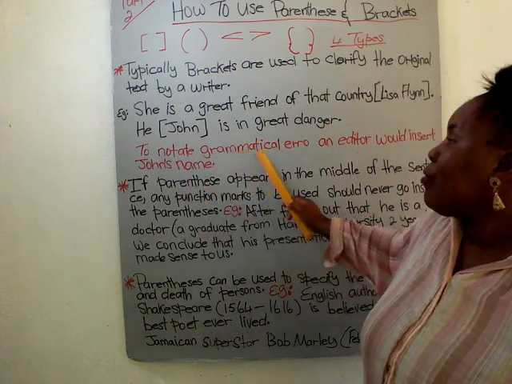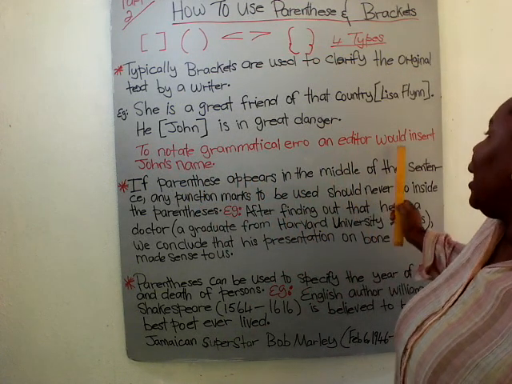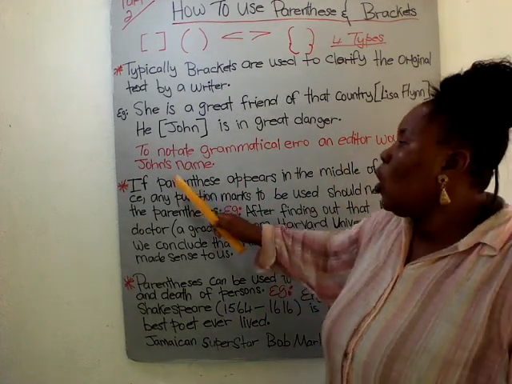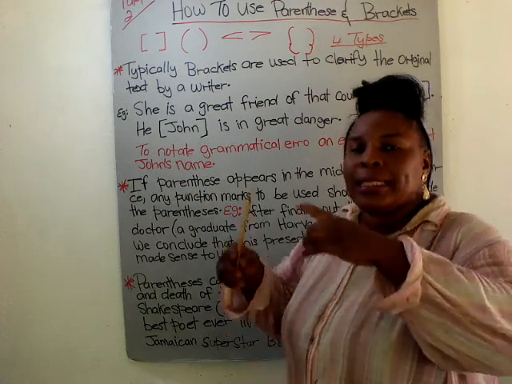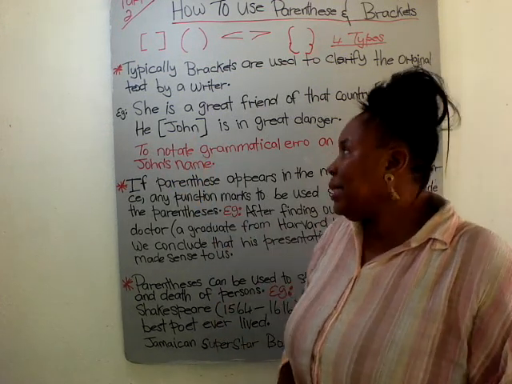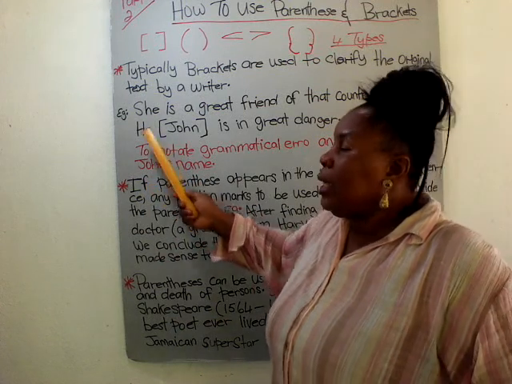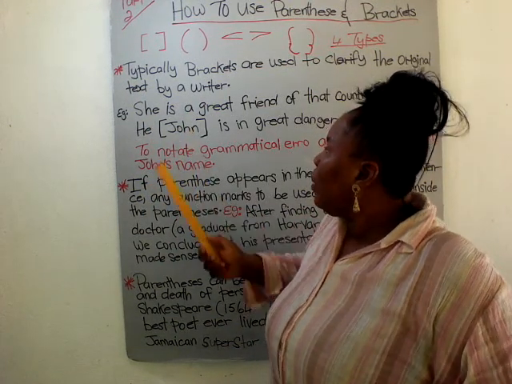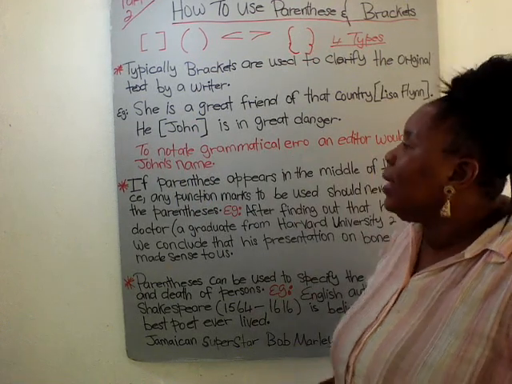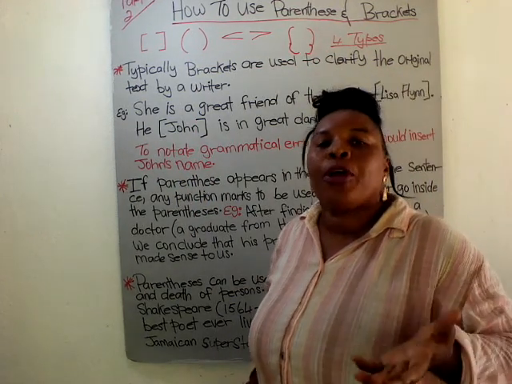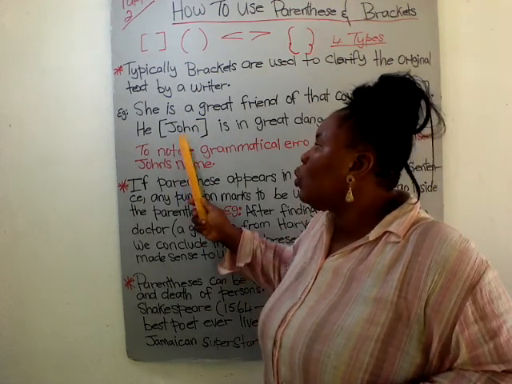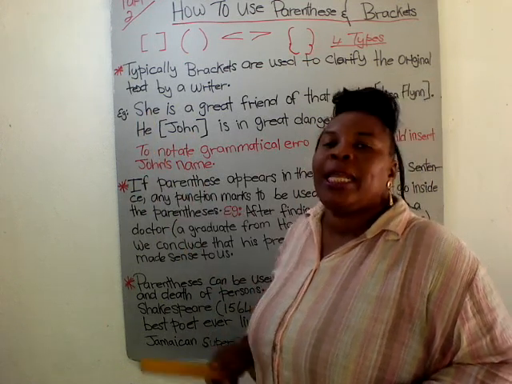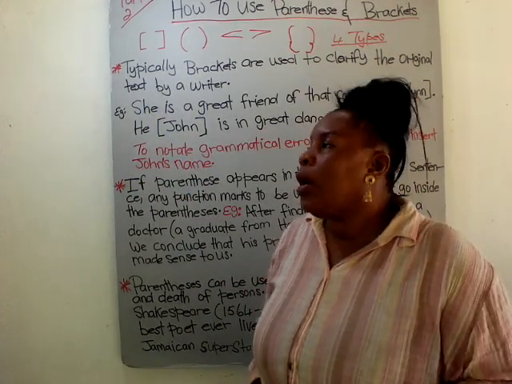So to notate grammatical error, an editor would insert John's name inside the parentheses. She, is pronouns, right? Using the name Lisa Flynn and John, those are nouns. That's the name of a person, so those are nouns. But she and he would be considered pronouns.